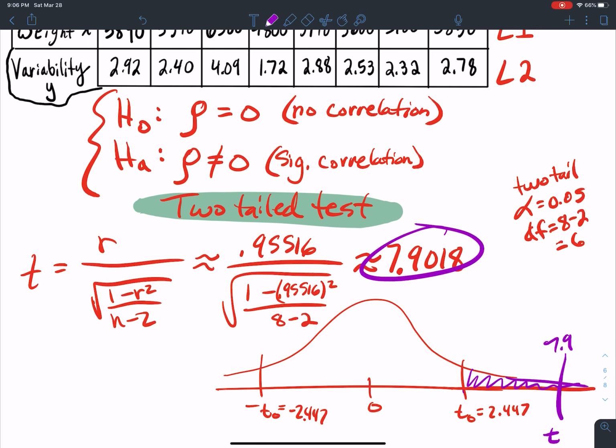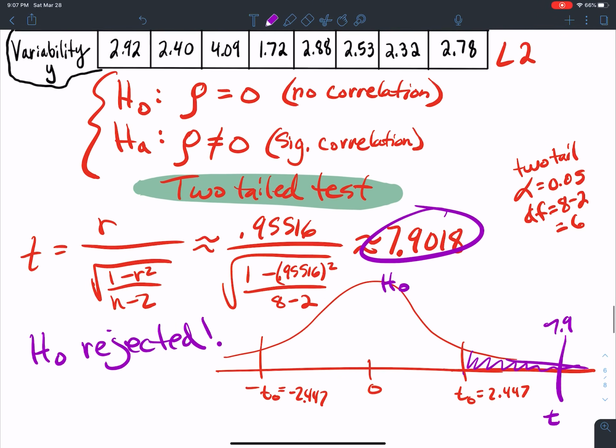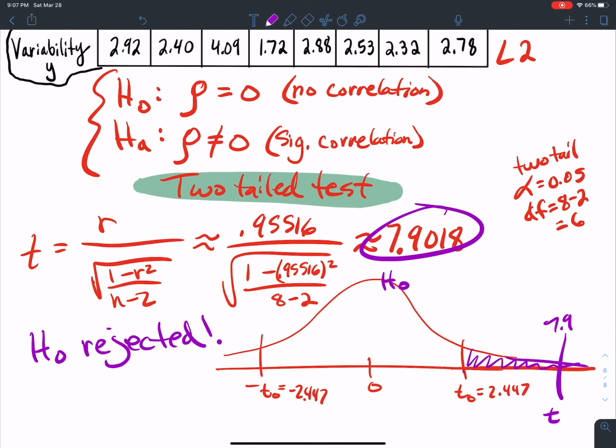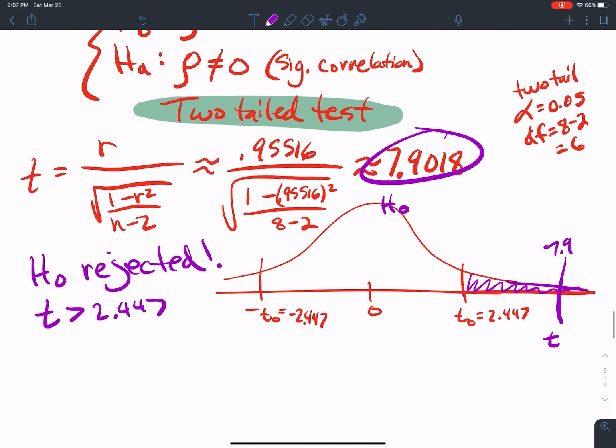I'm pretty sure we're going to reject that. So that H0 is definitely lying. The null hypothesis, H0, is rejected. Definitely, way out there. Why do we reject? Because the test statistic is much bigger than 2.447. So what does that mean?